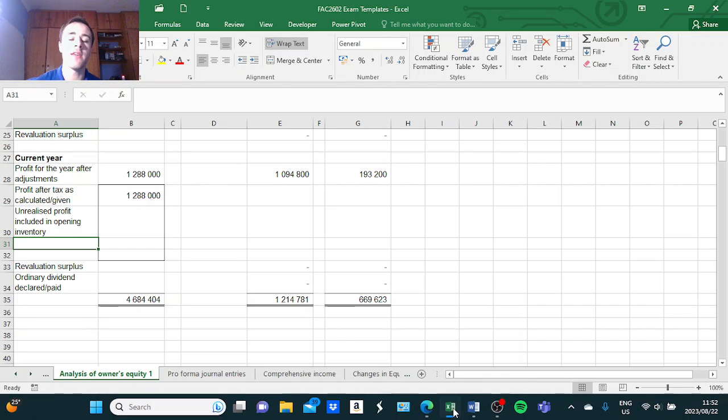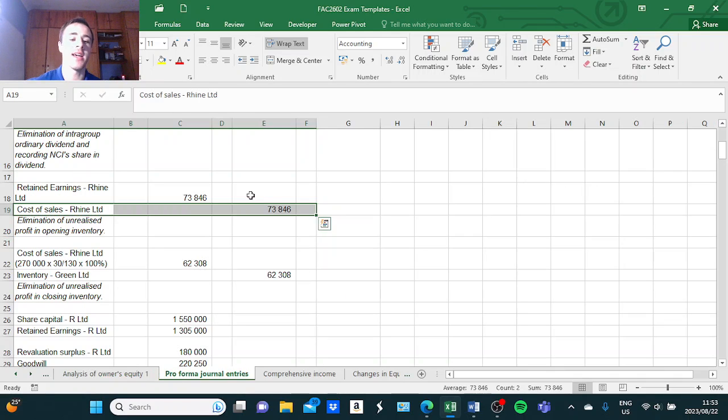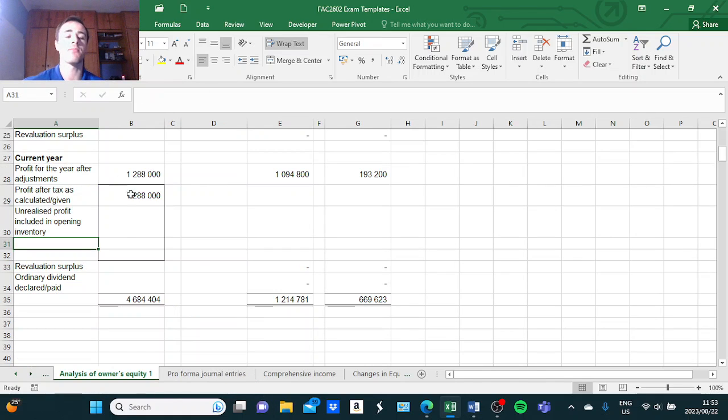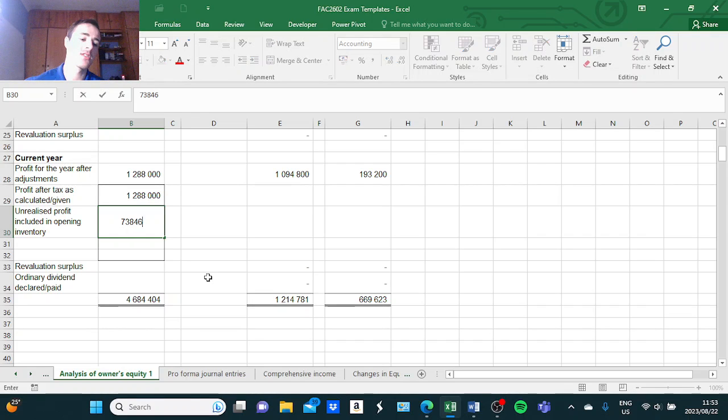So therefore, even though this will be shown as a negative adjustment in the consolidated statement of profit or loss and other comprehensive income in the cost of sales line item, in the analysis of owner's equity, we need to show this as a positive adjustment because we are adjusting the profit after tax as given, and because there is a decrease in cost of sales due to the elimination of the unrealized profit, this will be shown as an increase in profit after tax. So in other words, 73,846 will be added to the profit after tax according to our journal entry.